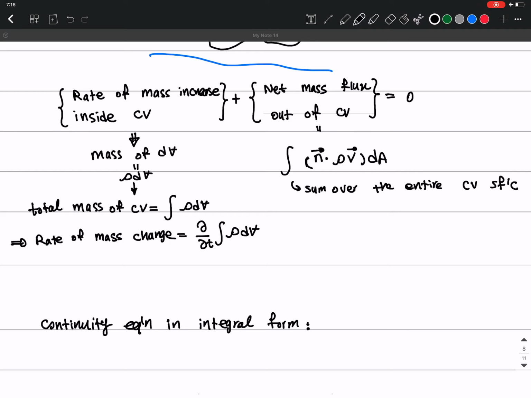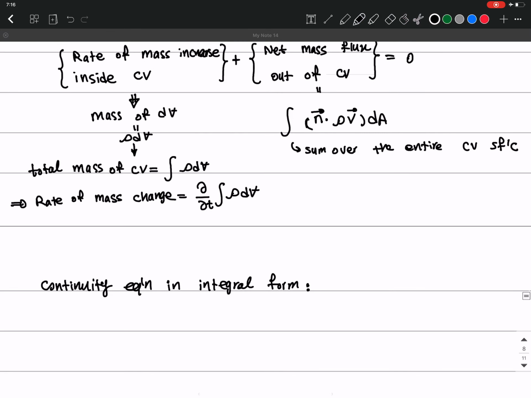Is as follows. Partial over partial t of the integral of density rho times dV over the control volume plus the integral of n dot rho v, this is velocity times dA, equals to 0.